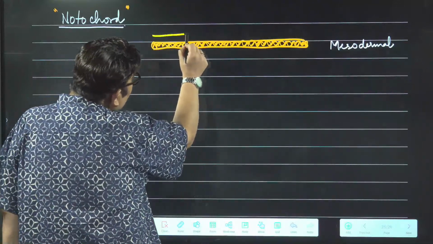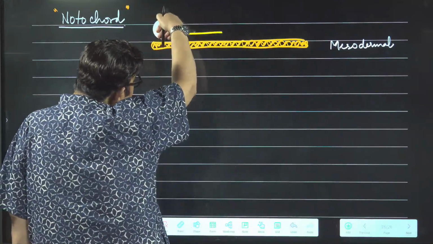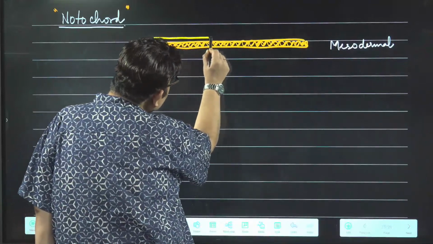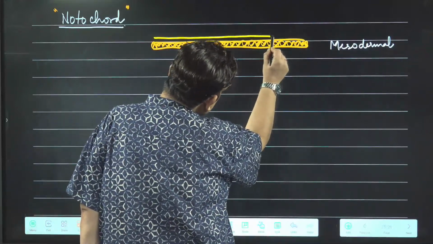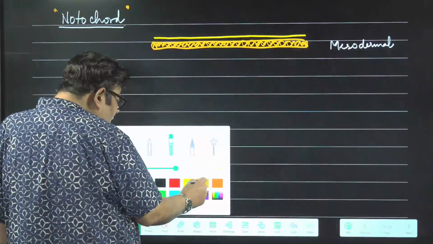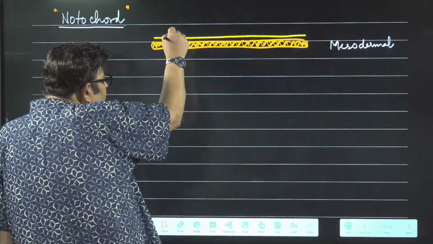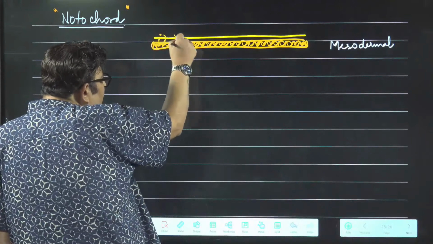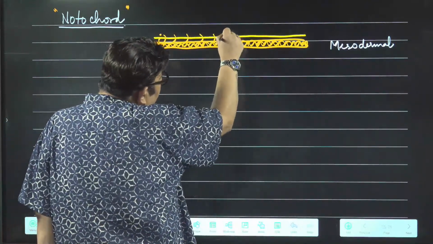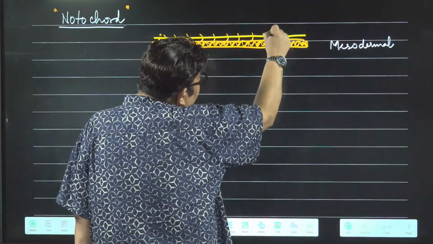So the nerve cord, which is lying just above the notochord, once again, it is just lying above the notochord. This is the nerve cord. It is lying above the notochord, and this is providing support. So it has got projections, which are coming from that end also, and it is providing support, because the nerve cord is a very delicate structure.